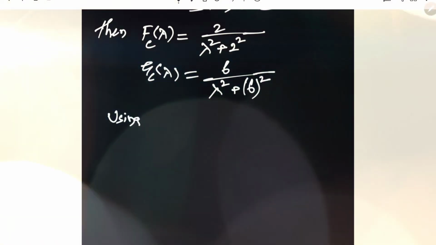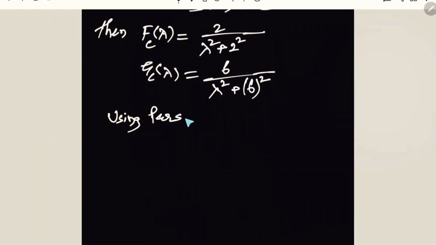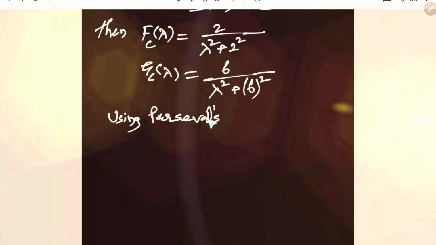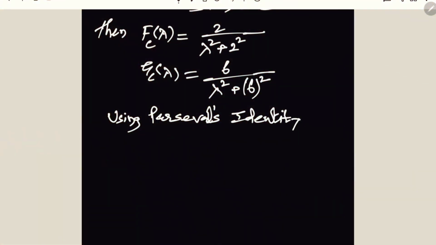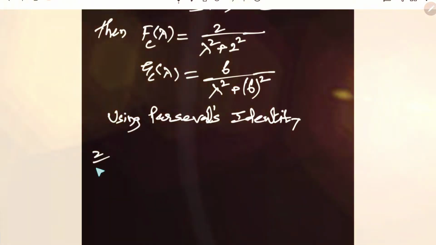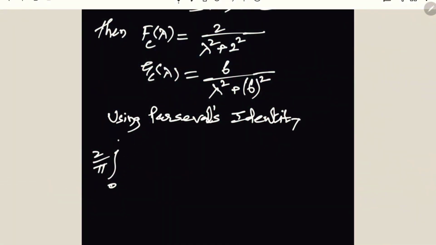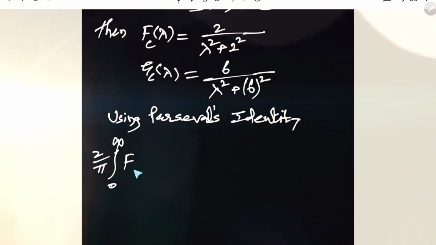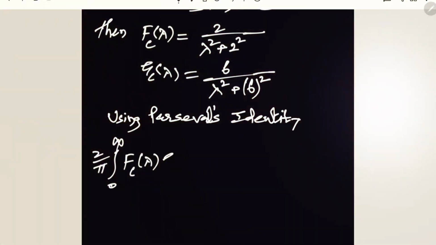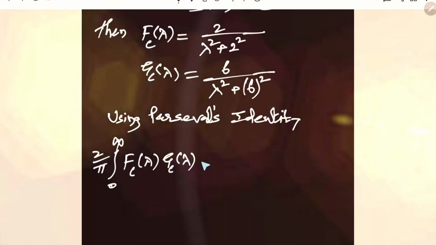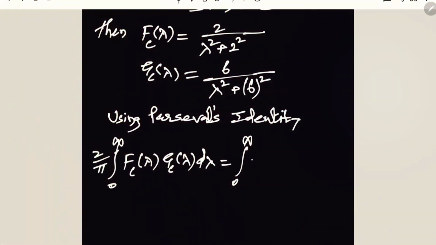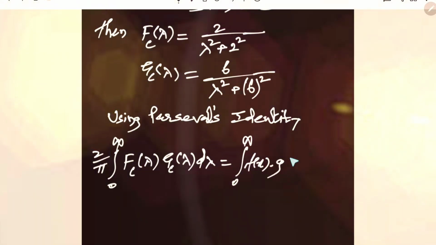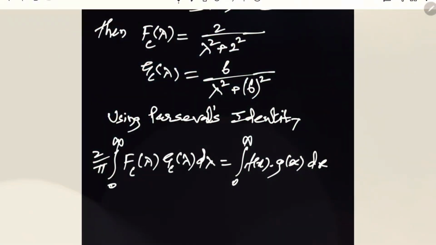Then by Parseval's identity we have the result 2 by pi times the integration from 0 to infinity of fc lambda multiplied by gc lambda d lambda, as the integration from 0 to infinity of f of x into g of x with respect to x.